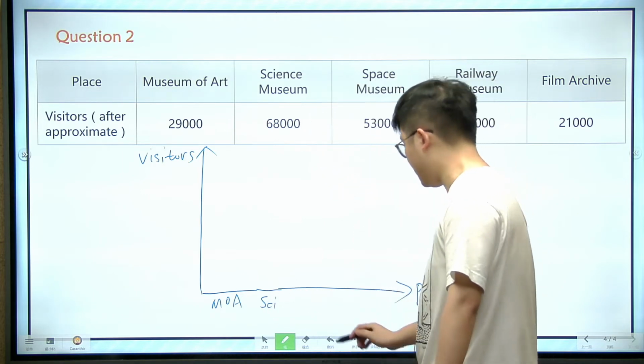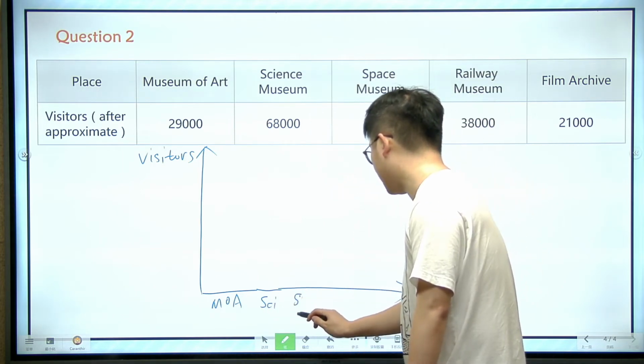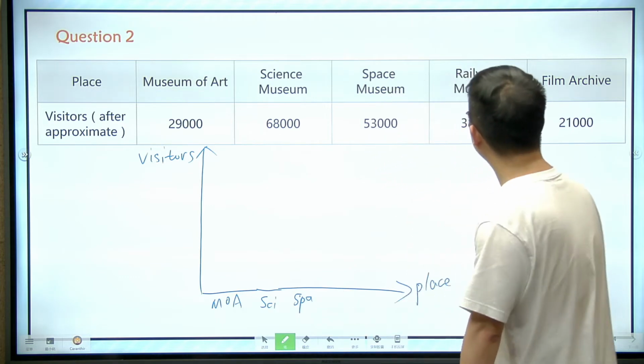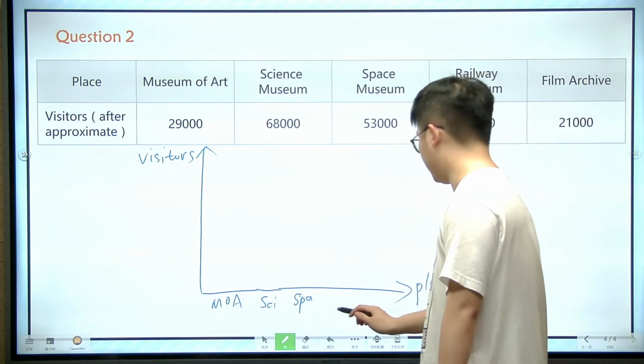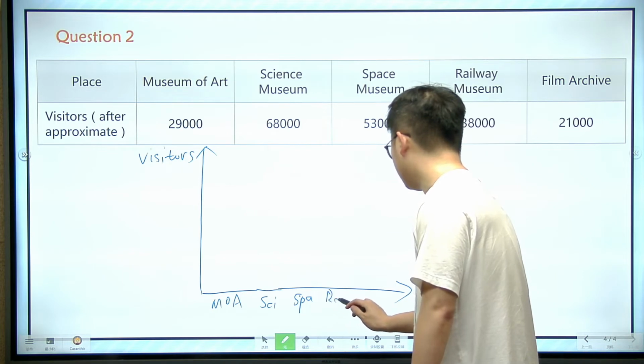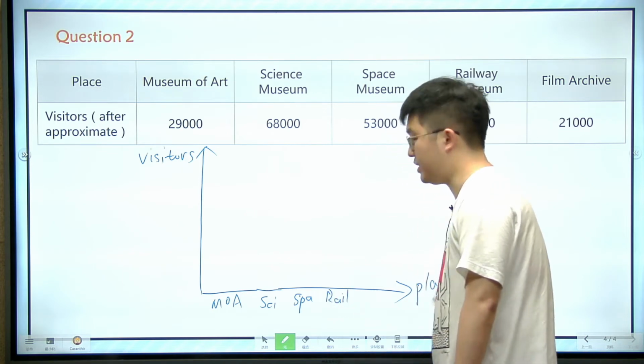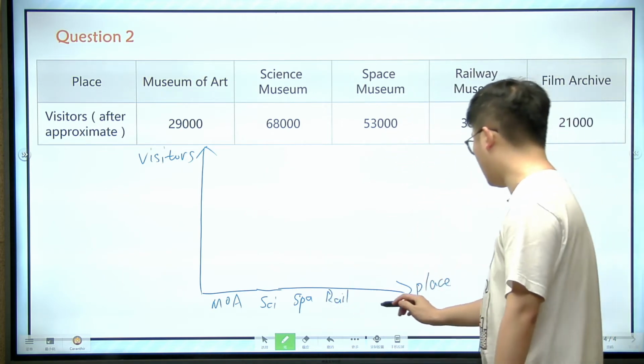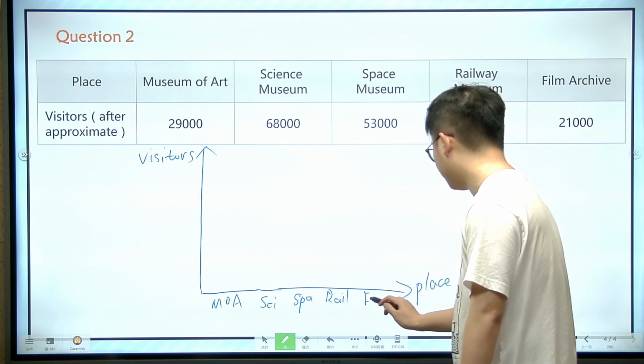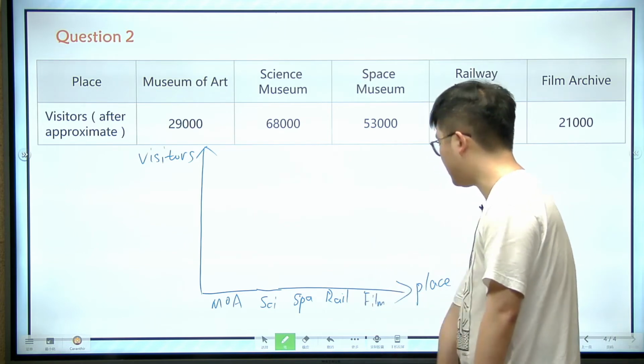And third one would be space, so SPA. And this would be the Railway Museum, so I just write rail to represent this place. And finally, the last one would be the Film Archive.